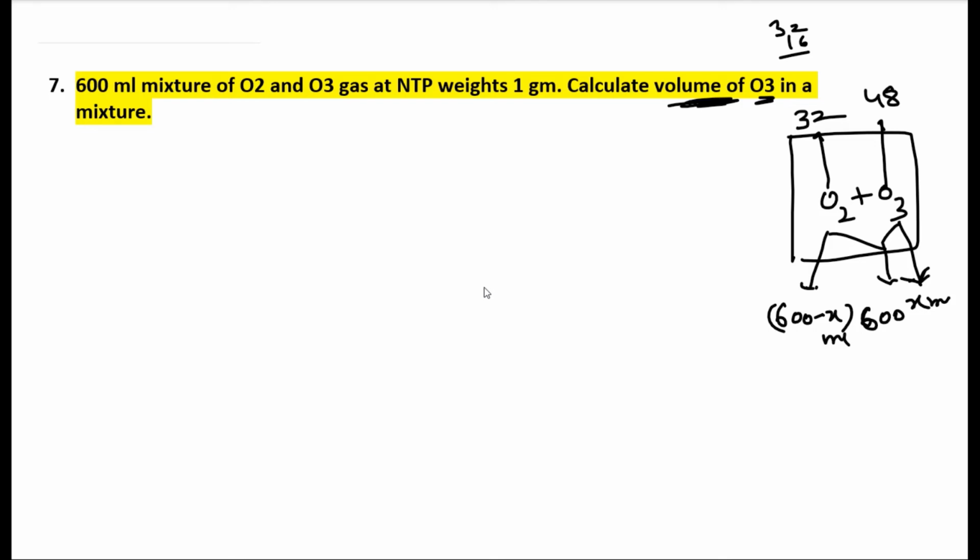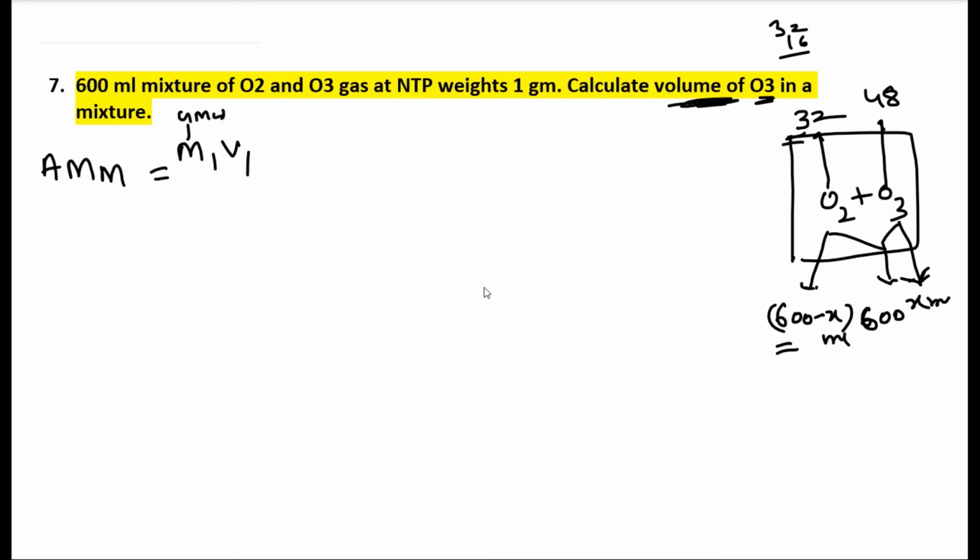You know already, average molecular mass is calculated from volume and gram molecular mass. So what is the formula? M1V1 plus M2V2 by V1 plus V2, where M is gram molecular mass, not molarity.